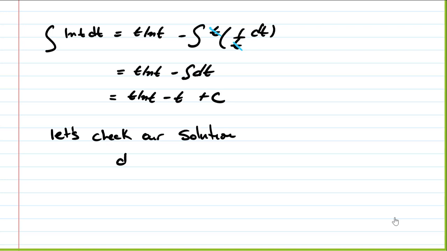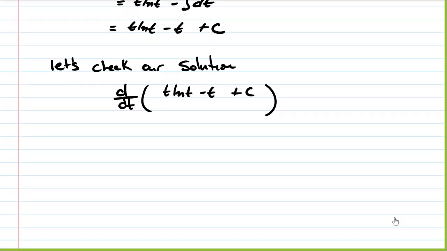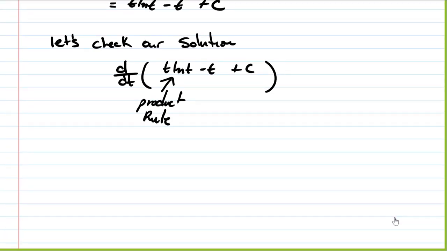So if we take the derivative d dt of t ln t minus t plus a constant, well, to take the derivative of t natural log t, what rule do we need to use? Well, that's going to be the product rule, right? So that would be f is t and g is ln t. So then f prime is 1 and g prime is 1 over t.